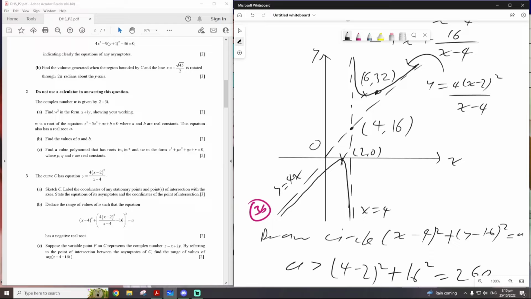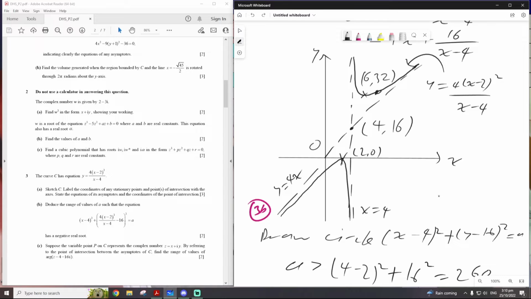If I pick, for example, this point, they're asking what is the argument of this minus that. So essentially, if you notice, the argument will be the angle between this point and that line. Okay. So the range of values will actually be: the argument has to be more than tangent inverse of 4, but it has to be less than pi over 2, because pi over 2 radians is where the vertical asymptote is.